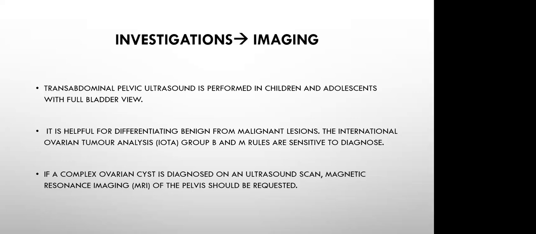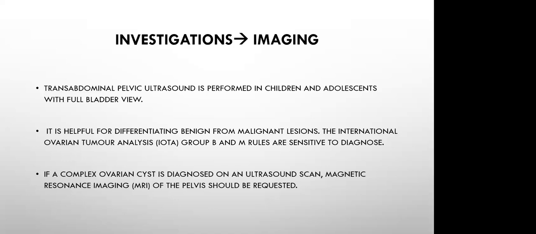Now, the MRI here is critically important to know the nature of the ovarian lesion. Please remember that in older patients, if we have a high-risk ovarian lesion with RMI more than 200, we usually request a CT scan, am I right? CT abdomen and pelvis.